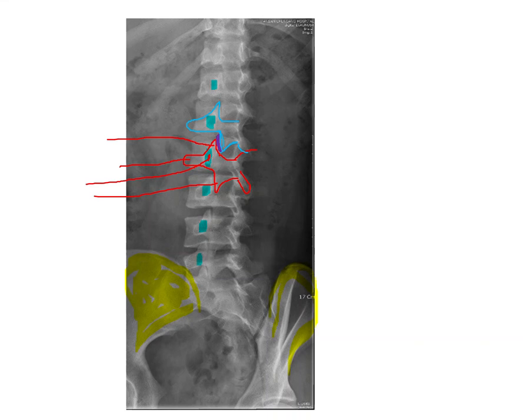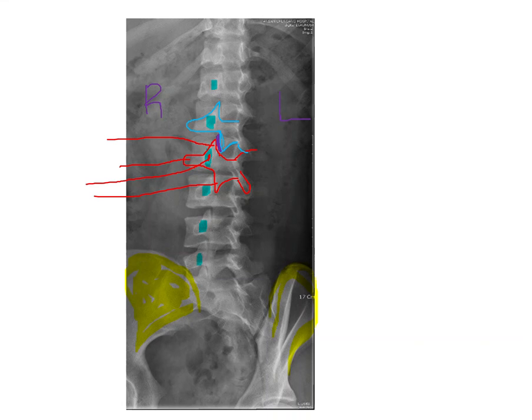Now, you'll notice that this is the right side of the patient's body, this is the left side of the patient's body. So the dog is looking towards the right. So that's a little trick that rad techs use to be able to look at this x-ray and know right away, oh, the dog's looking towards the right. So the patient was looking towards the right.